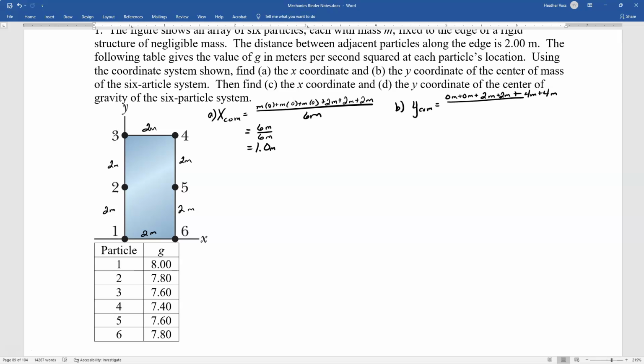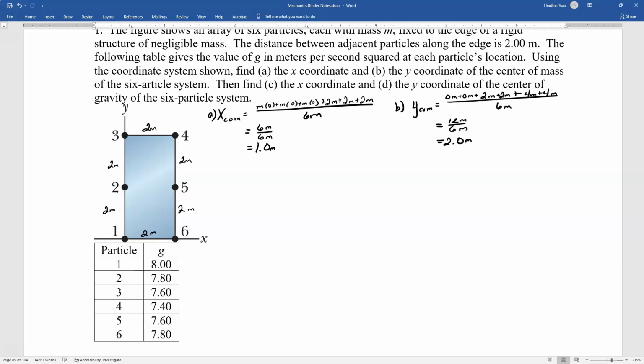And again, this is going to be divided by a total of 6 times the mass. So all total, we're going to get 12m over 6m, which tells us that this is at 2 meters. So we have those locations.